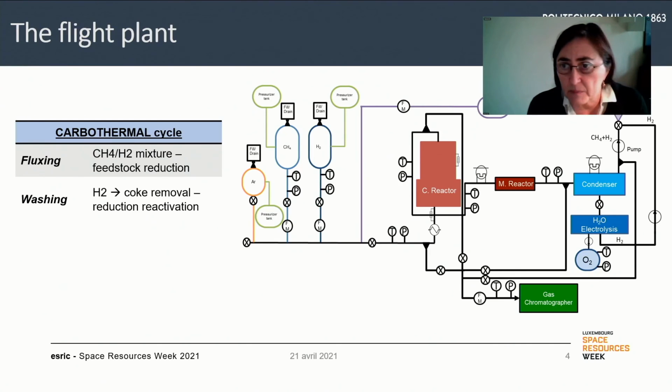So this is the basic scheme of the plant, which also reports what we have in our labs. You see the fluidics and the gas storage at the very left, then the central reactor, which is brought to a very high temperature. Then the middle reactor is just a catalytic bed for the Sabatier reactions, and then the condenser to extract the water.